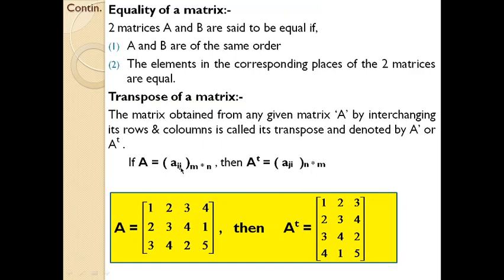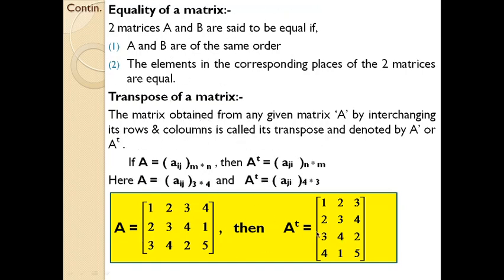Earlier it was ij, now it becomes ji. ji means j represents column, because the row of the first one became the column of the second one, and the column of the first matrix became the row of the other. That's why the alphabets have interchanged. This is the mathematical representation of all this theoretical part. This is known as transpose of a matrix. We will discuss in detail in the application.